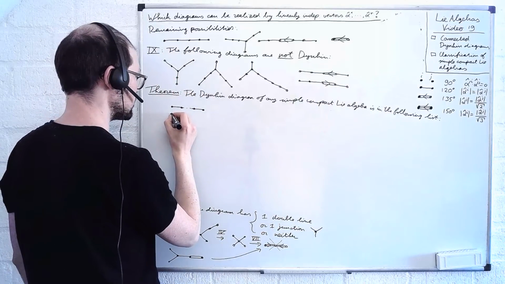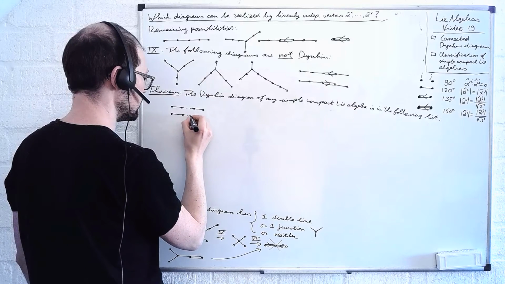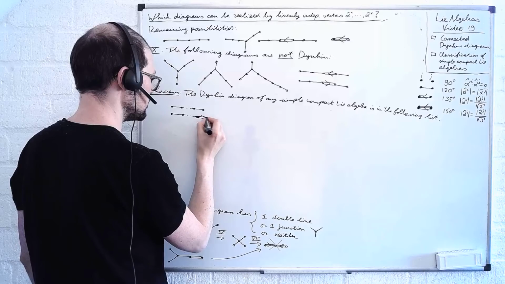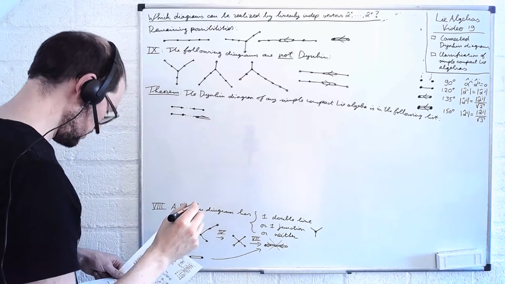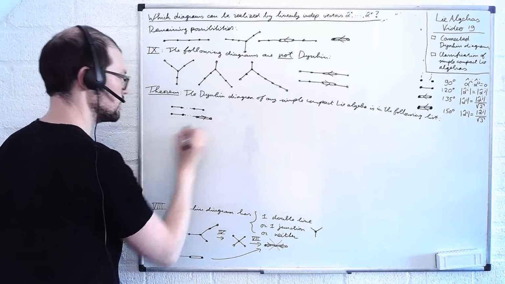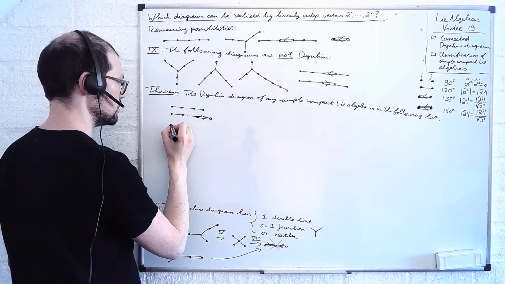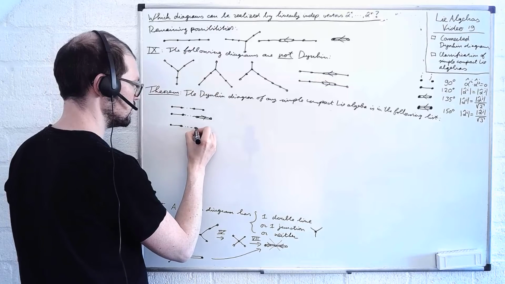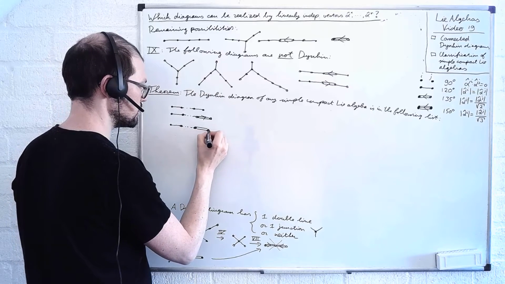So I can take any number here of single lines, and then a double edge like this, or I can orient the double edge in the other direction.